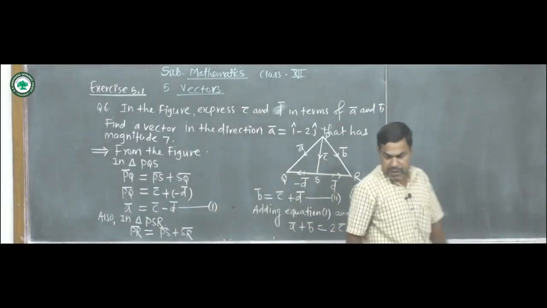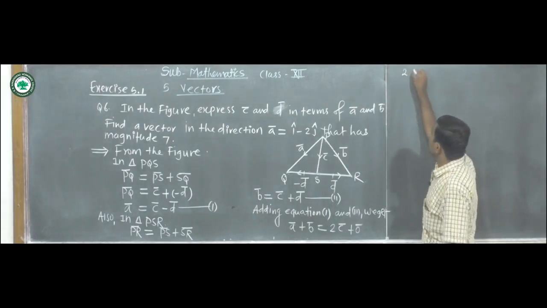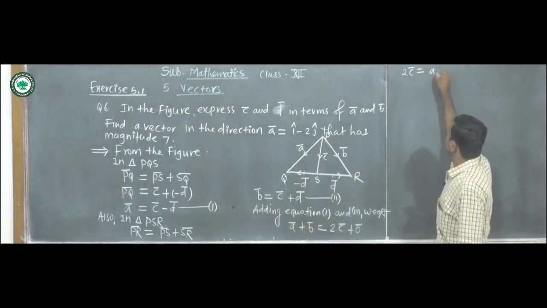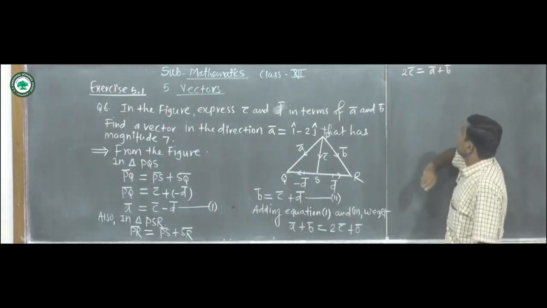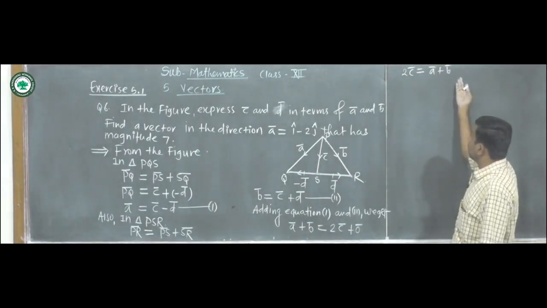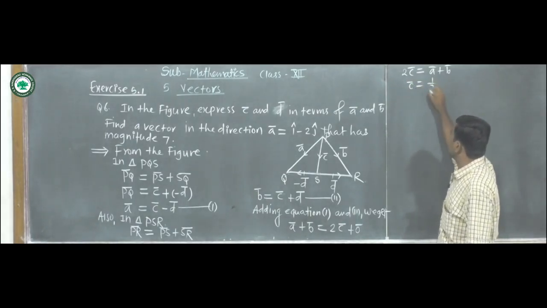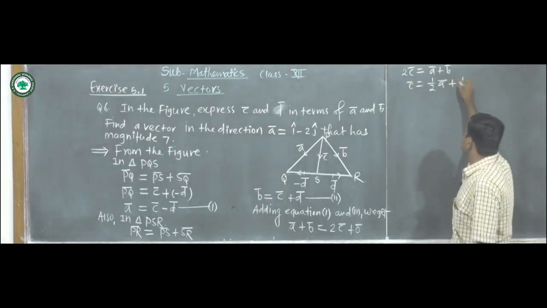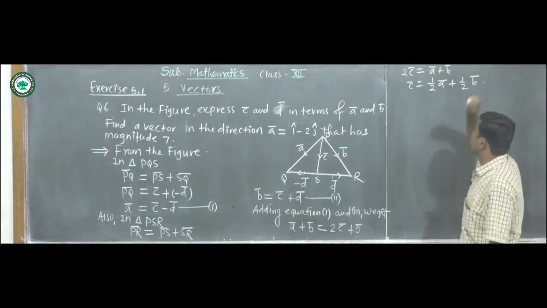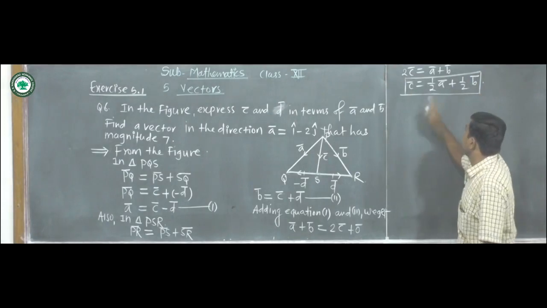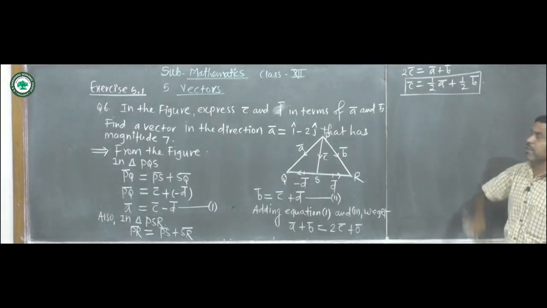So twice of C bar is equal to A bar plus B bar. Now divide throughout this equation by 2. So we get C bar is equal to 1 by 2 into A bar plus 1 by 2 into B bar. And now this is the representation of C bar in terms of A bar and B bar.